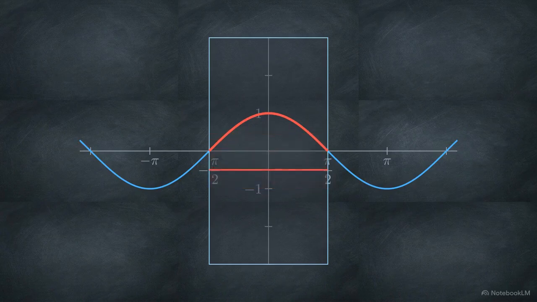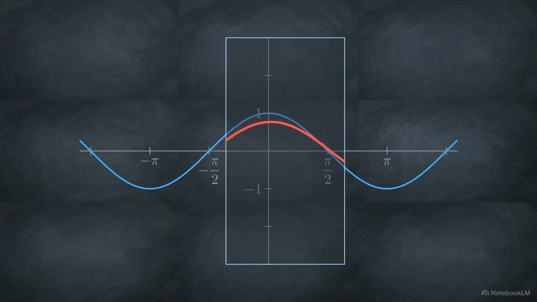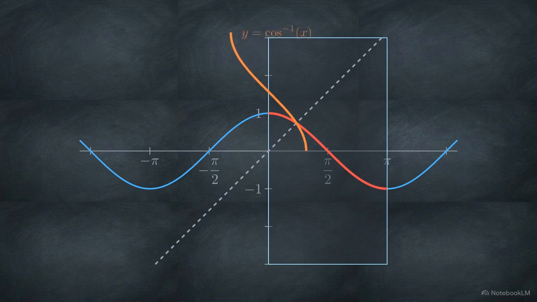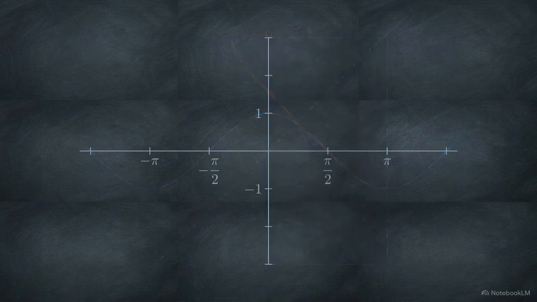Our horizontal line drops down and hits the curve twice. It fails bijectivity. To fix this, we slide our restriction window along the x-axis to capture a valid one-to-one mapping. Sliding right, we lock the cosine domain from 0 to pi. We then reflect this new segment across the axis to derive inverse cosine.